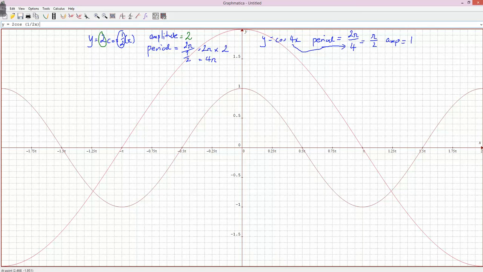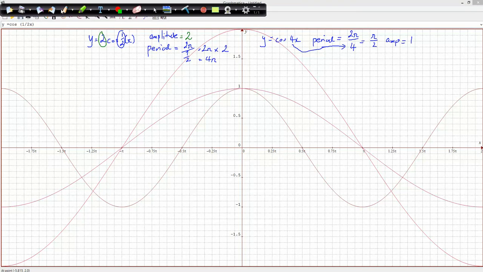That is what puzzles me at the moment. Okay, so just going to pause the video for a moment. Okay, so just getting back to this again, actually it's entirely what we should be expecting. I've just put in here y equals cos 1/2 x just as a further reference.